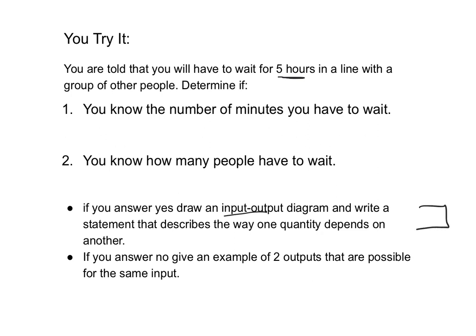So again, that's just as simple as a box with a rule inside of it, and then an input and an output. And write a statement that describes the way one quantity depends on another. If your answer is no, give an example of 2 outputs that are possible for the same input. All right, go ahead and pause, give this a try, come on back, see how you did.